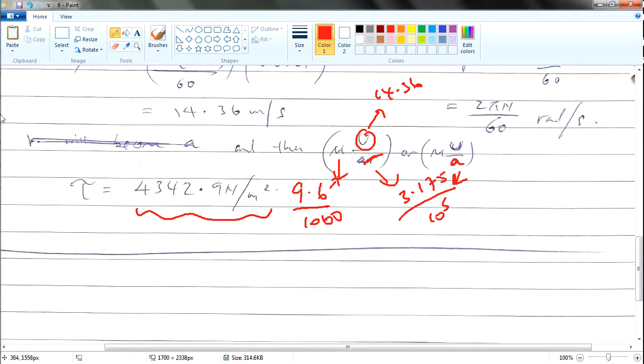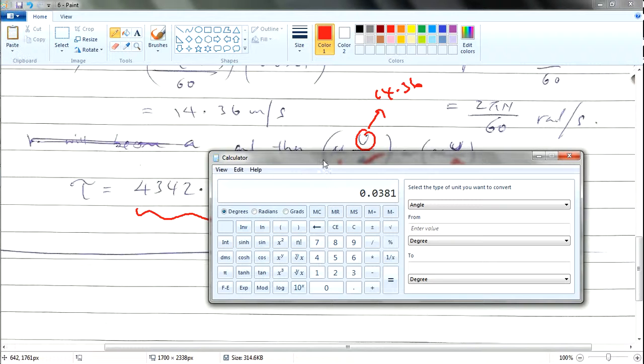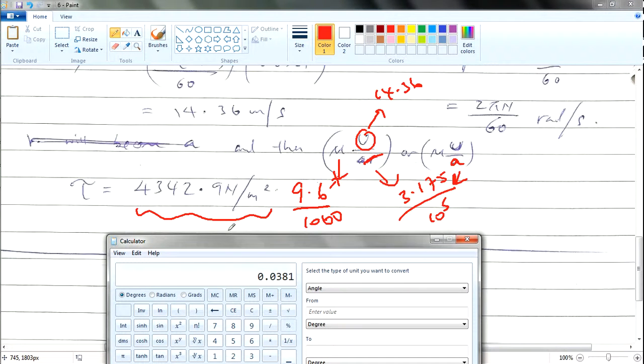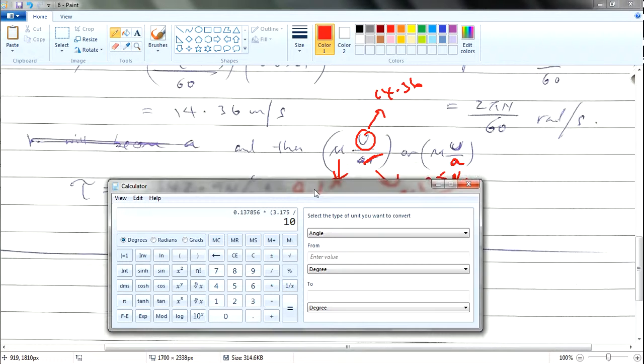So I have this thing over here. If I work it out, 9.6 divided by 1000, multiplied by 14.36, which is this one over here, and then multiplied by 3.175 divided by 10 to the power of 5.